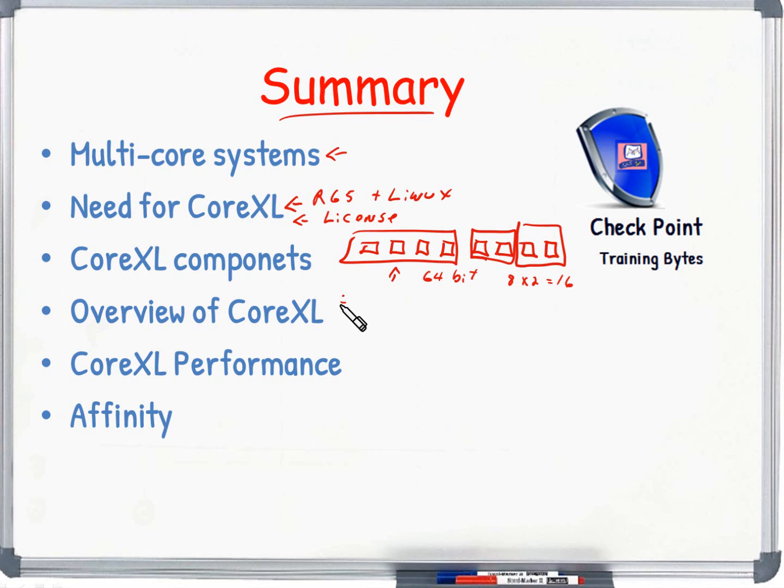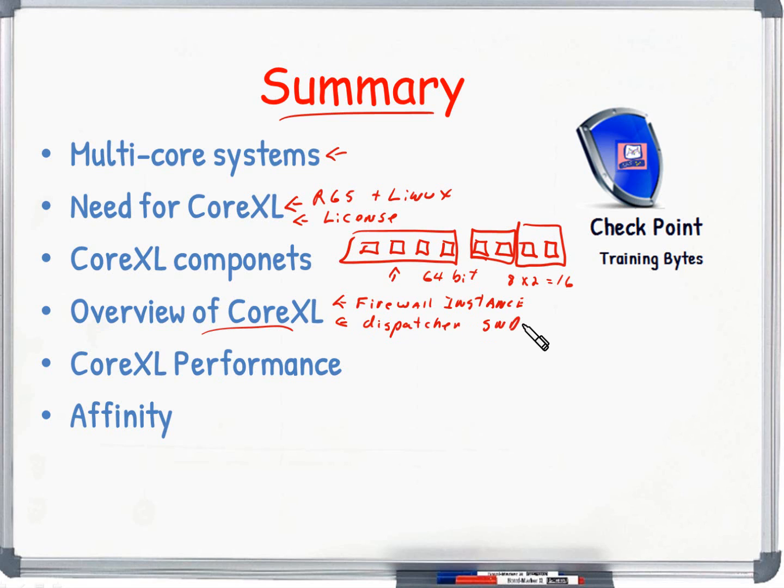The firewall components include the firewall instance. The firewall instance is duplicated in its own independent firewall and runs on different cores. We also talked about the other component, which is the dispatcher, also called the secure network dispatcher, which keeps track of all the connections in the global connection table.